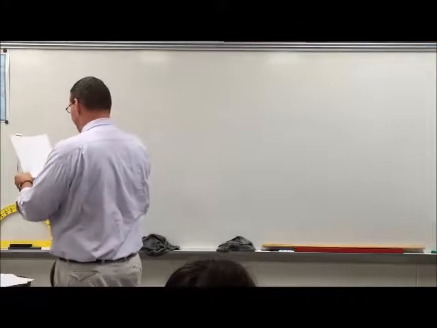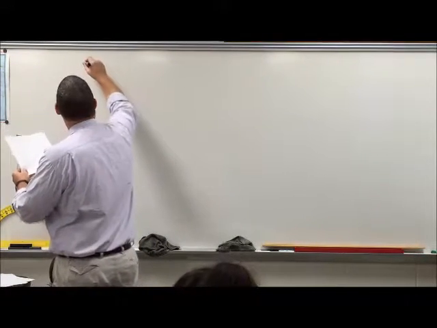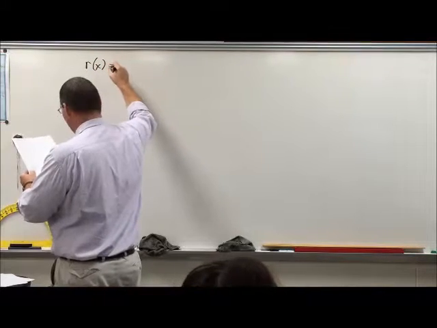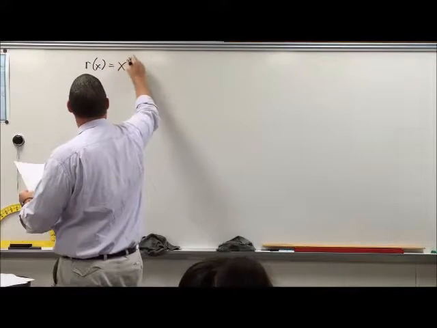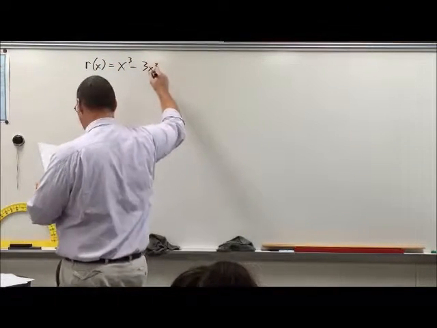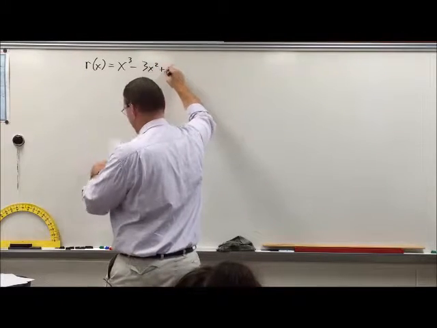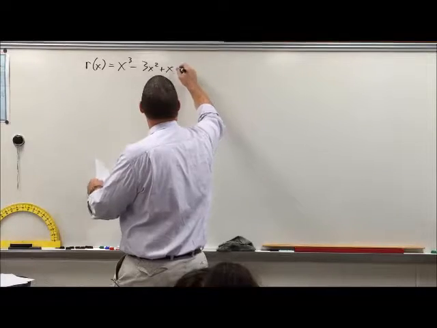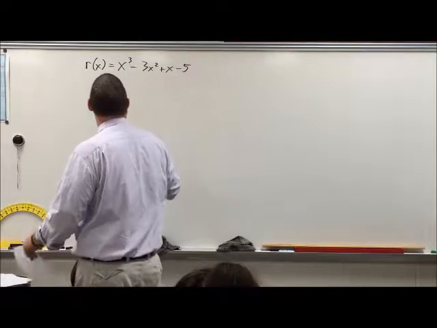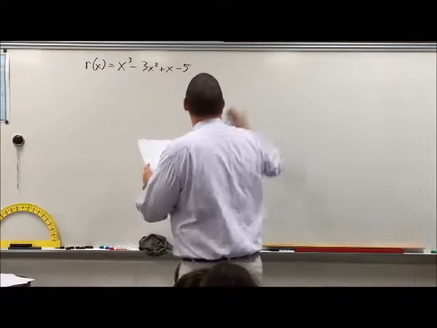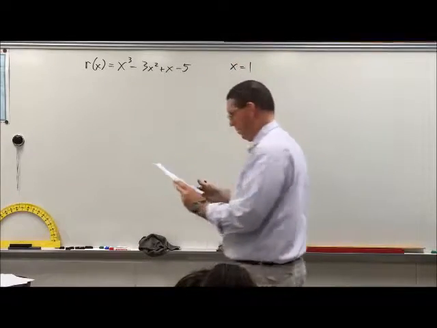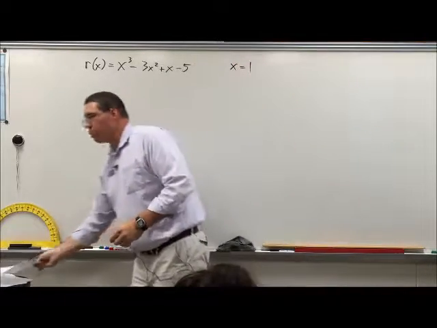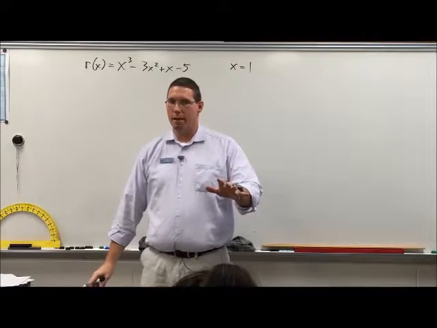Question number 5. We've got r of x is x cubed minus 3x squared plus x minus 5, where x is equal to 1. All right, guys, listen, are you with me?